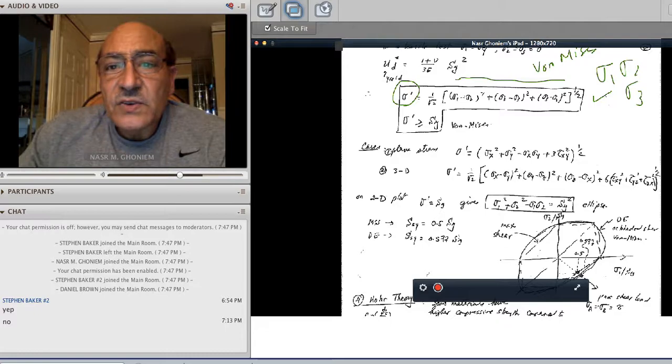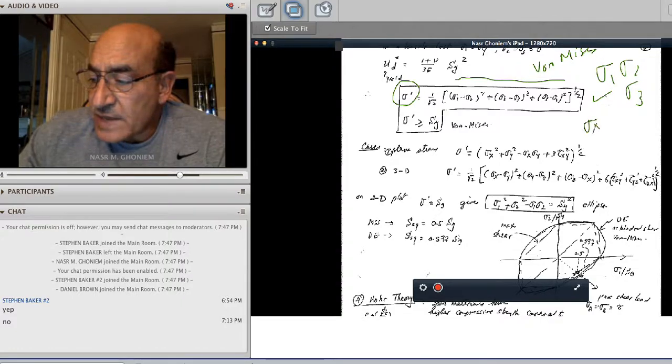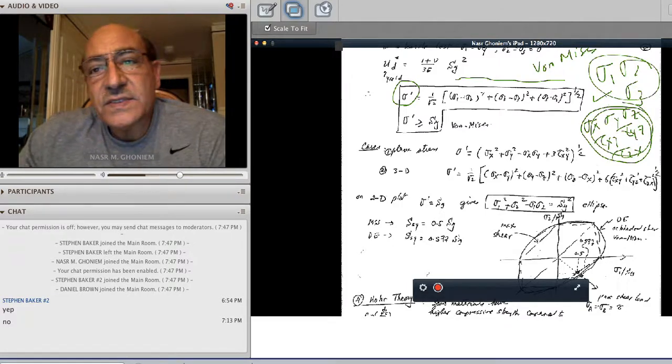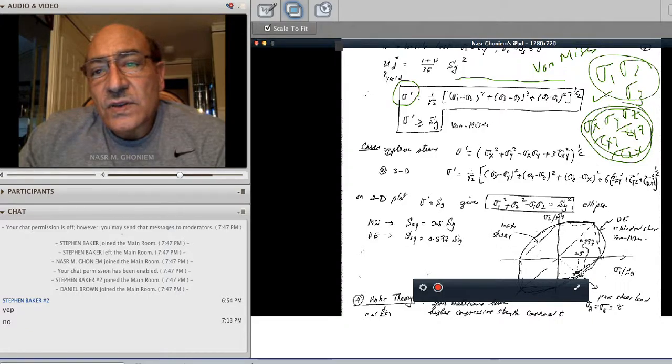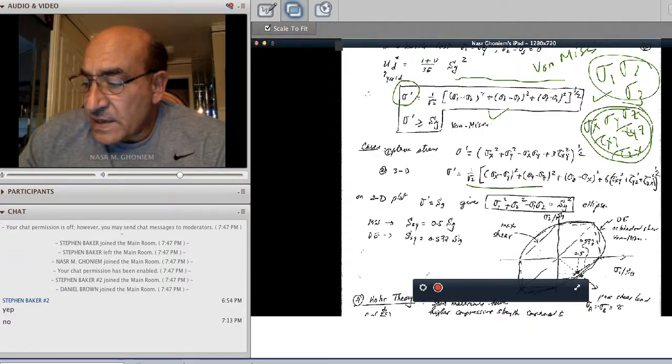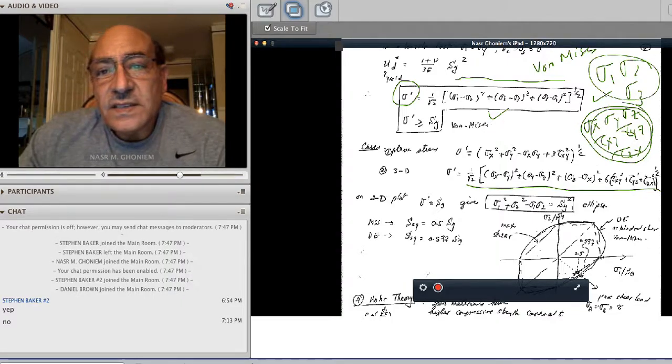However, we know that sigma 1, sigma 2, and sigma 3 could be equivalent to the original stress tensor. The original stress tensor had sigma x, sigma y, sigma z, tau xy, tau yz, tau zx. So this is 6 of them. So 3 are equivalent to 6. That's the idea of transformations. So I can find the equivalent stress directly from the 3 if I know the 3, or if I just know all of the 6 of them, then this equation here is exactly equivalent.